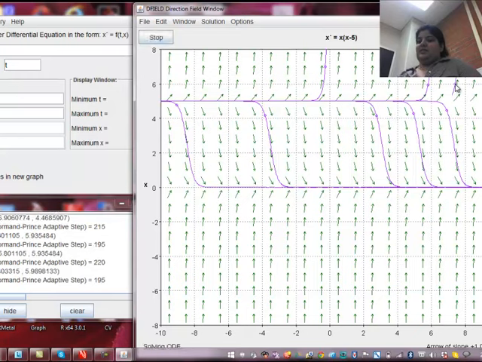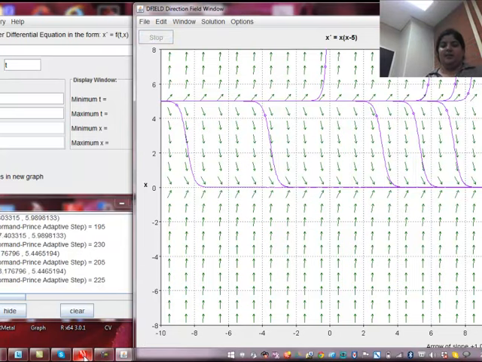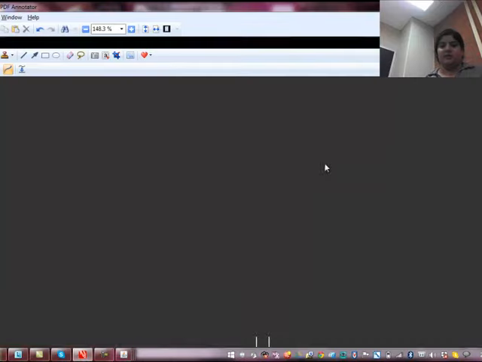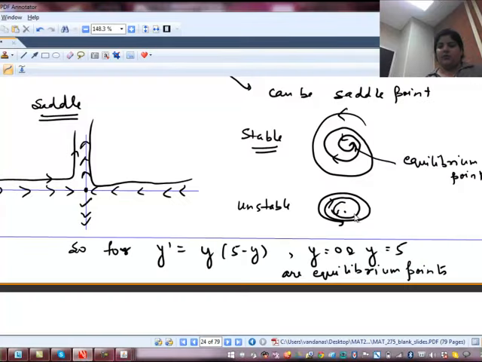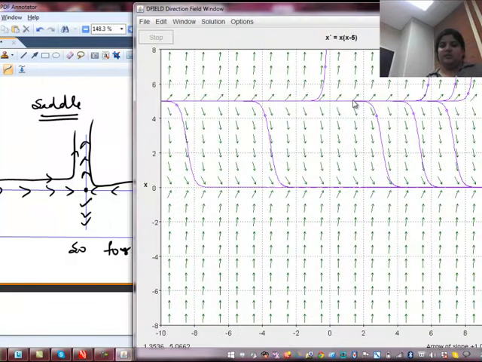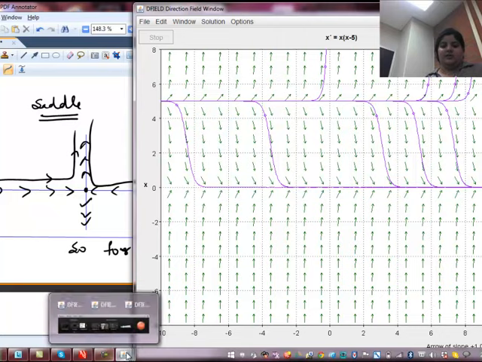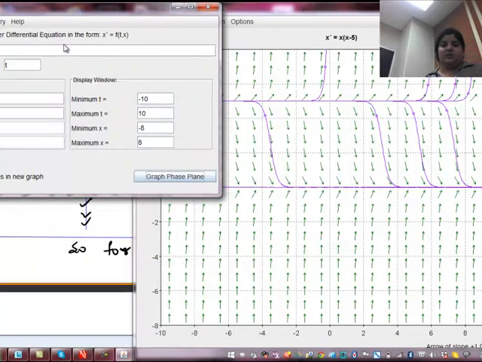Let me go back and see the differential equation, because I have a point here. Okay, that's what I was thinking. It's 5 minus y. Since it is 5 minus y, that is the reason it's not going towards 5, whereas our calculation showed us that it will go towards 5.